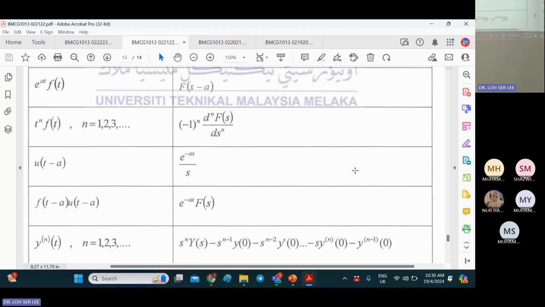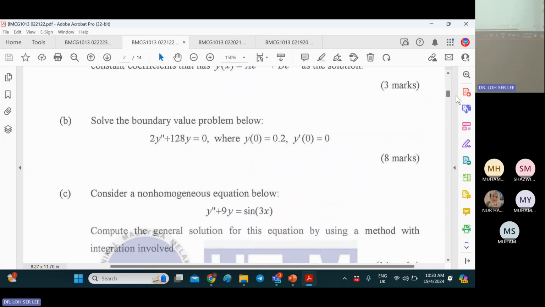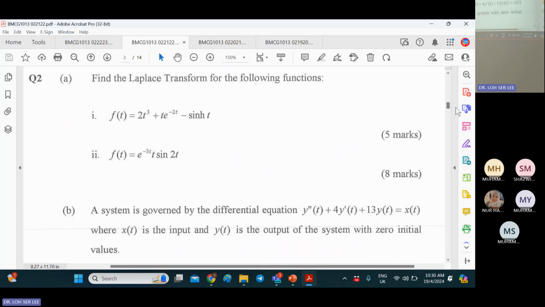Can you use the first translation? You have to Laplace transform this. This is a product function made up of t and also an exponential function.